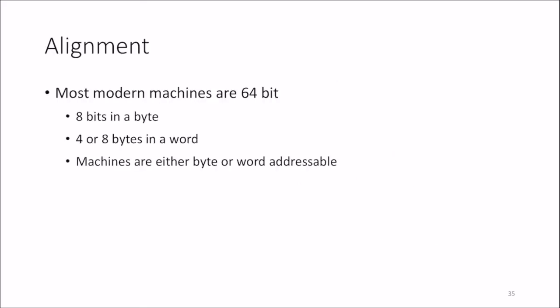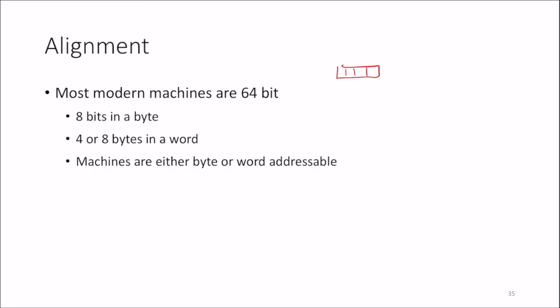One issue with code generation is alignment. This is an annoying fact about modern CPU architectures. They use byte or word addressing to access memory. When they're accessing memory or laying out things in memory, they should be aligned in terms of 4 or 8 bytes.